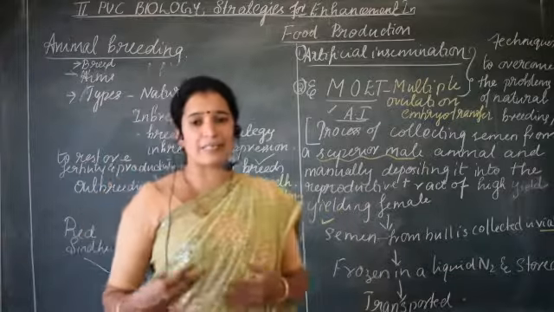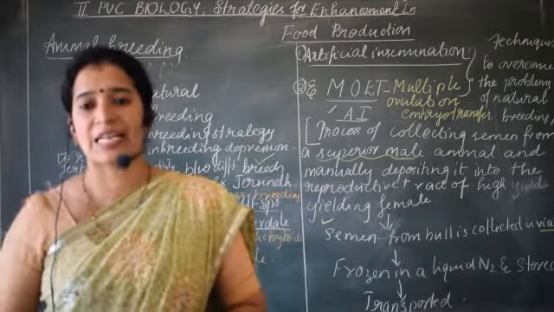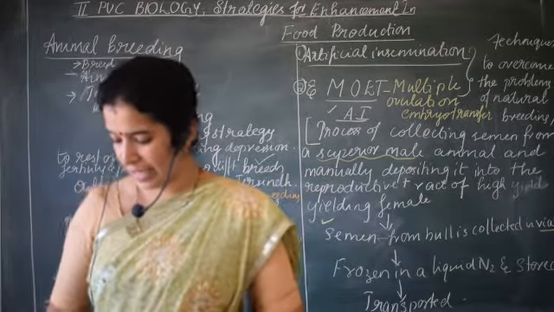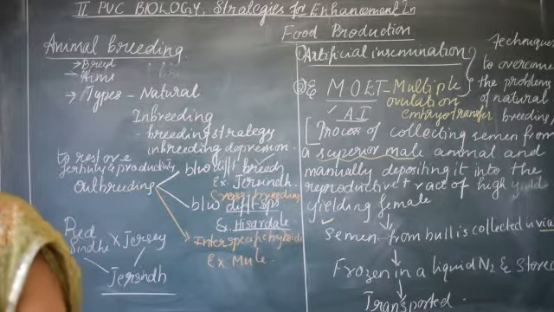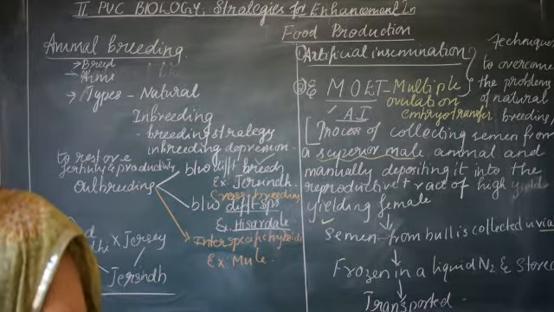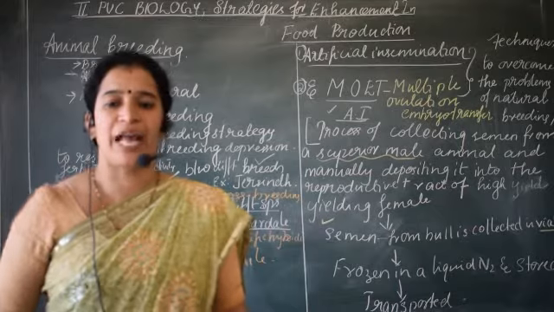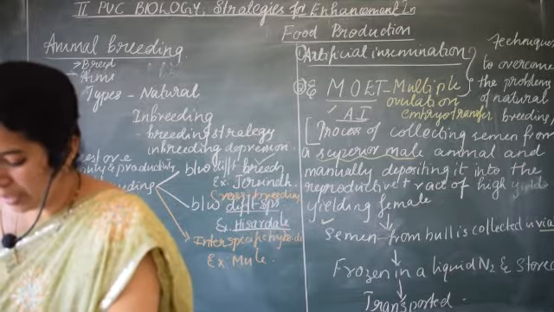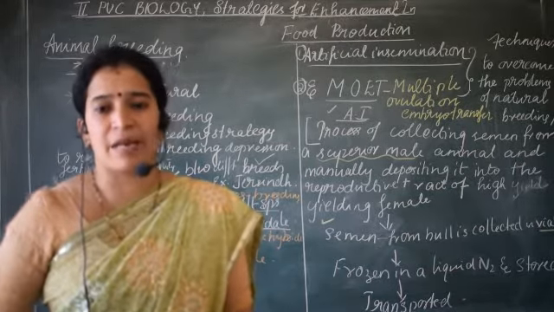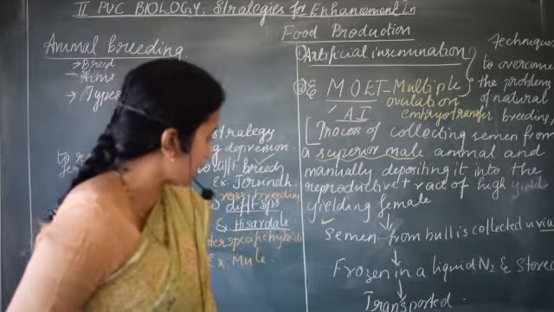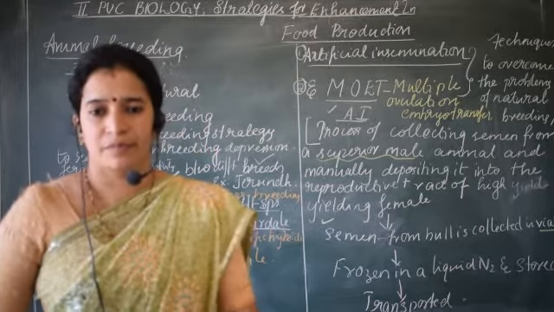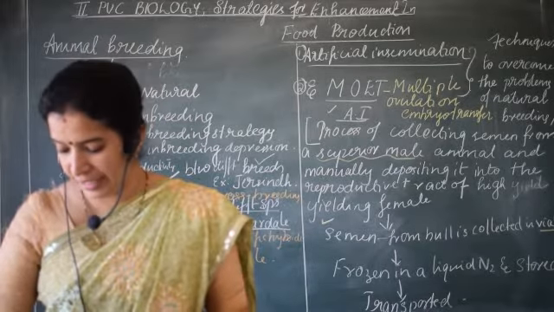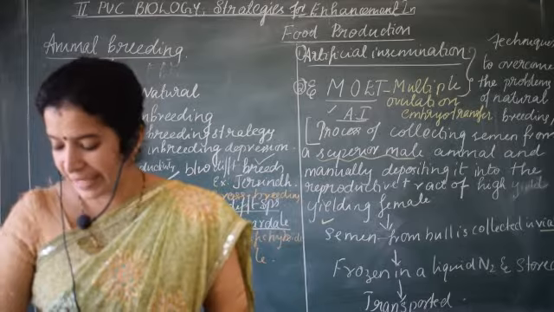Then it is transported to the required area, and after taking it to the required area, it is injected into the reproductive tract of the female cow. Otherwise, this semen stored in frozen form can be collected from the farmer, or it can be sold in the market, and then it can be used to impregnate the cow.